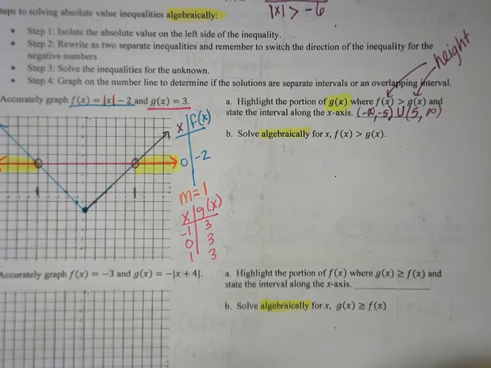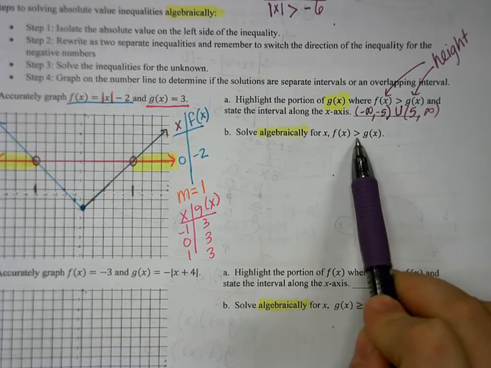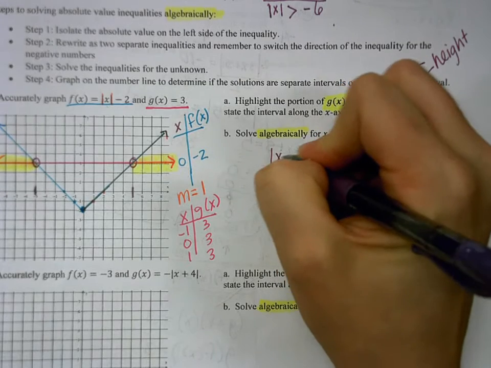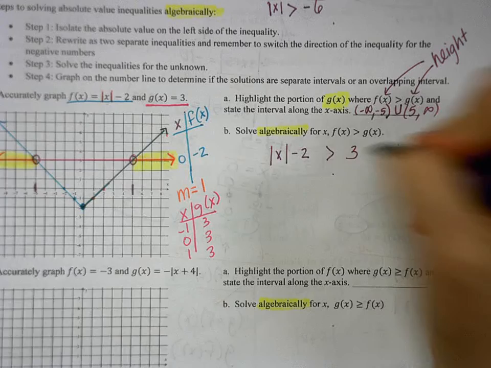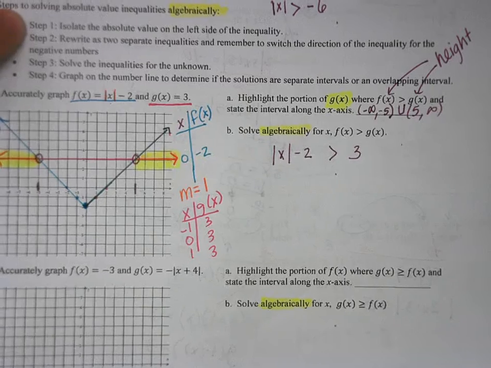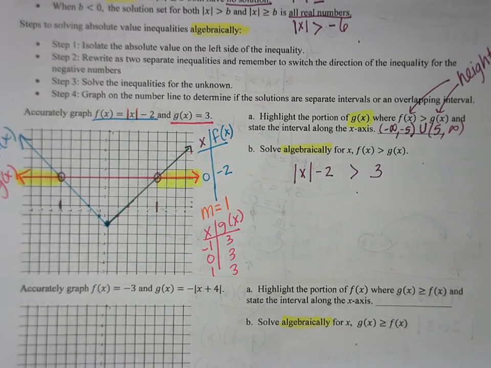Okay, now we're going to solve algebraically. So I want to put f of x greater than g of x. Okay, so we want to isolate the absolute value on the left-hand side of the inequality. So we're back up here at our steps for solving algebraically.